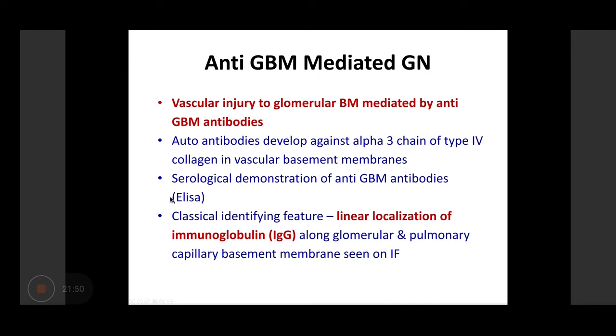You can demonstrate these anti-GBM antibodies by performing an ELISA test, where you will also get a numerical value, so you can assess the severity of the disease. On immunofluorescence, anti-GBM glomerulonephritis shows a very classical feature in the form of linear localization of immunoglobulins along the glomerular and the pulmonary capillary.